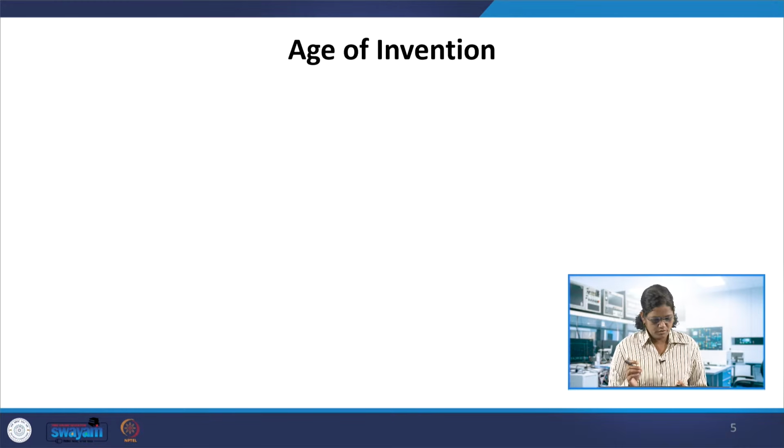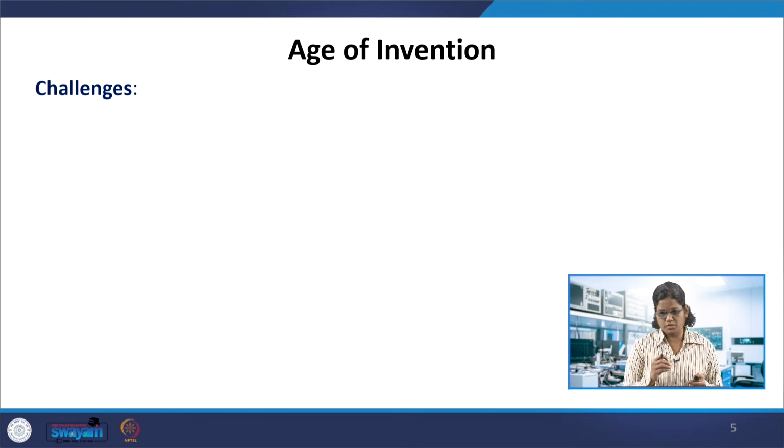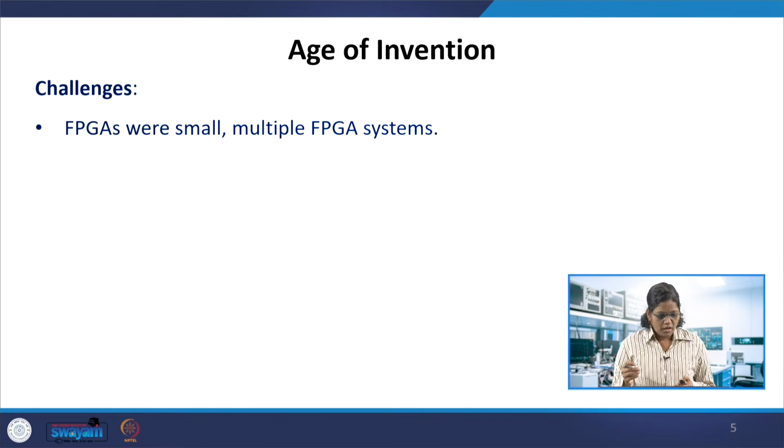Also, the area is reduced, and if we overall look at the age of invention, there were challenges. Apart from these architectural ones, the logic blocks and the programmability concerns, also the interconnects, especially the short wires. These FPGAs were very small, and the problems were also small in that case.